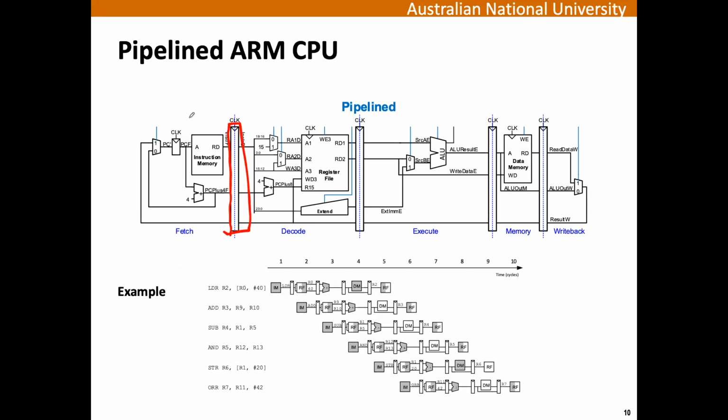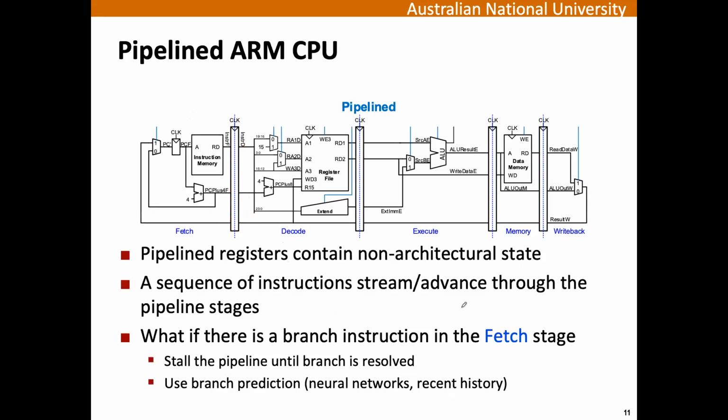Each cycle, instructions stream through the pipeline, and if you look at the vertical cut through this diagram, where this is time, you can see that a lot of instructions are in the pipeline at any given point.